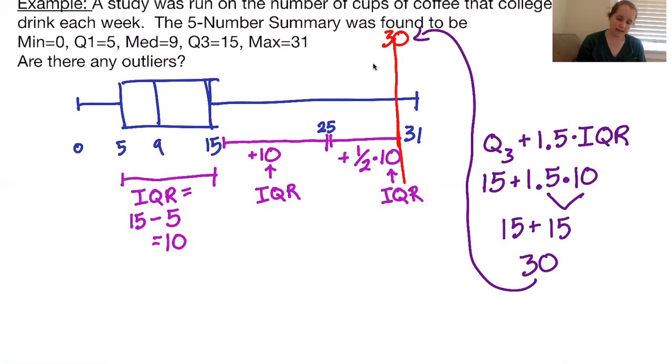So in this case, anything to the right is indeed an outlier. Which means at least that 31 is an outlier.